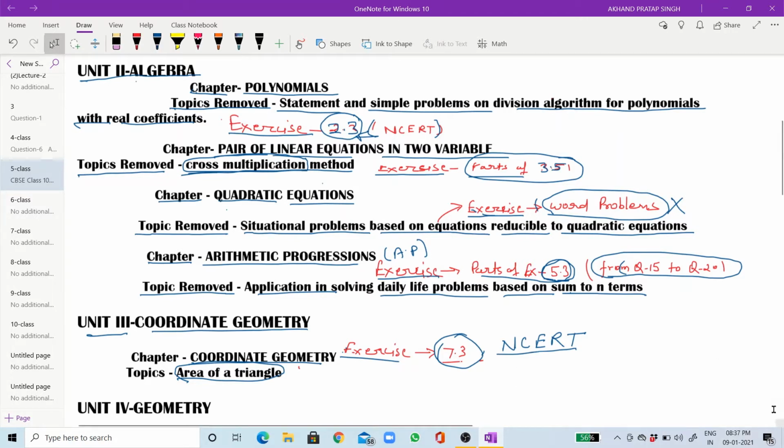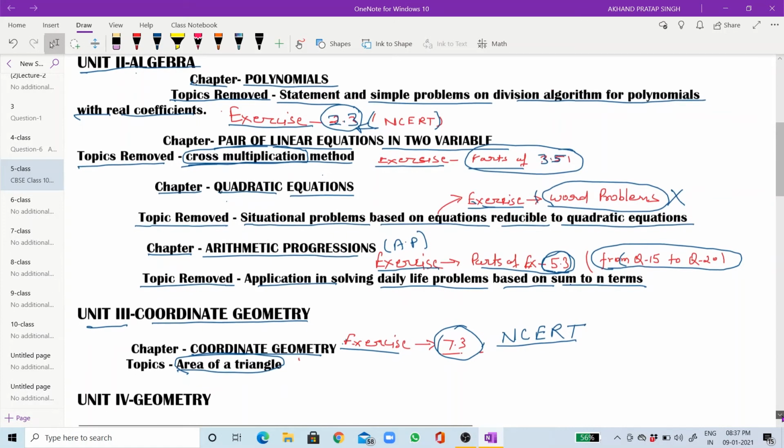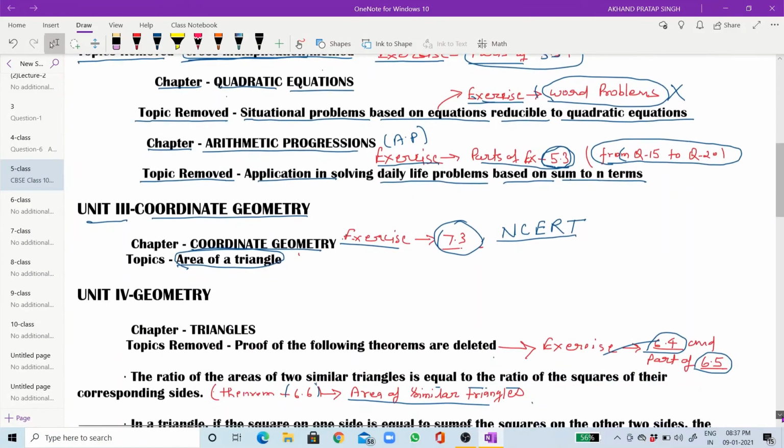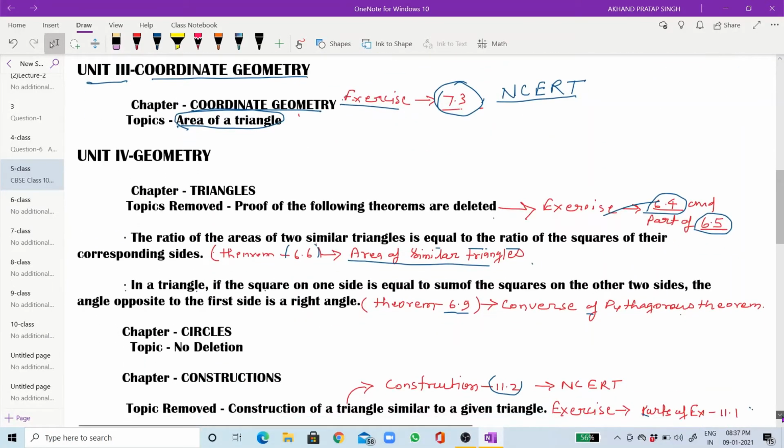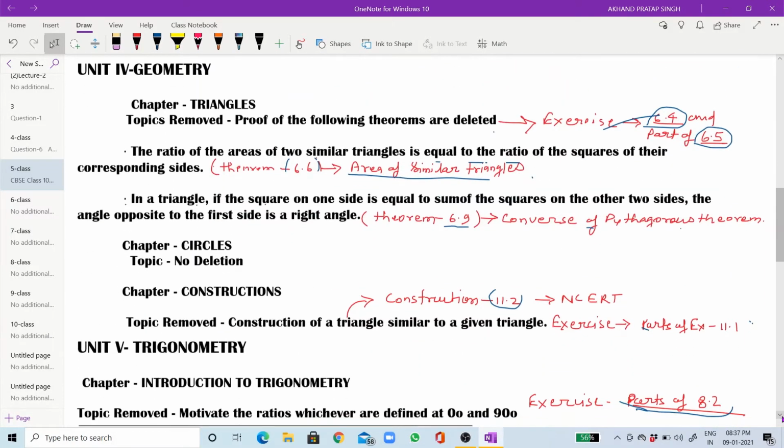So the next one, geometry. In geometry, the chapter is Triangles, and the topic removed by the CBSE is the proof of the following theorem.